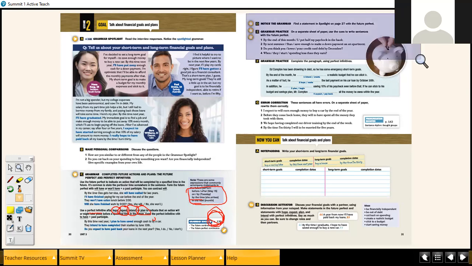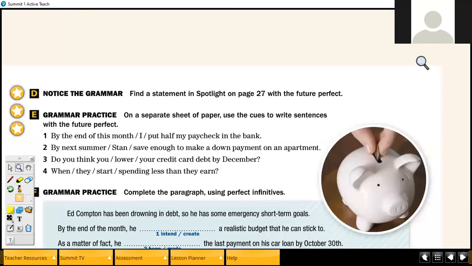All right, notice the grammar. No, we are not going to do activity letter D. But we are going to do this, grammar practice. On a separate sheet of paper, use the cues to write sentences with the future perfect. So you have to use this information to complete the sentences. If you have any questions, ask me. Okay?